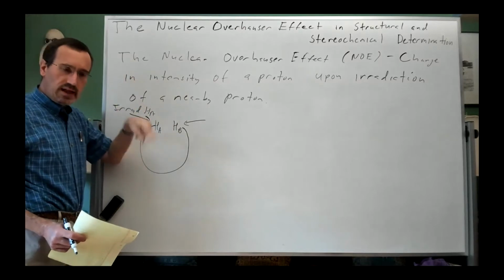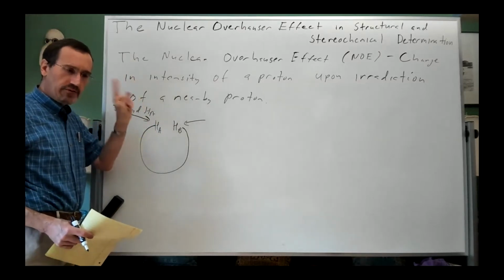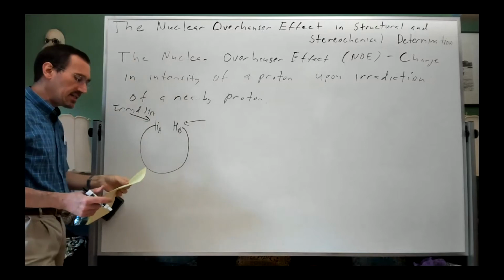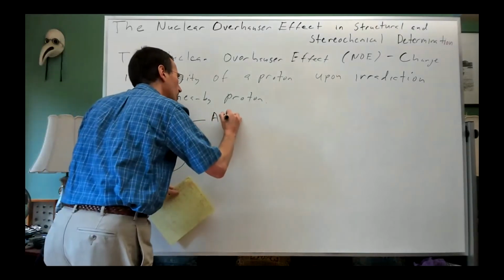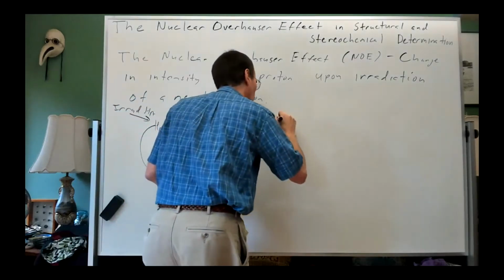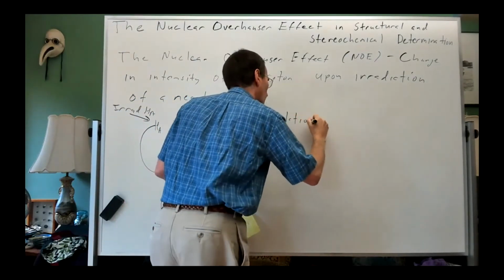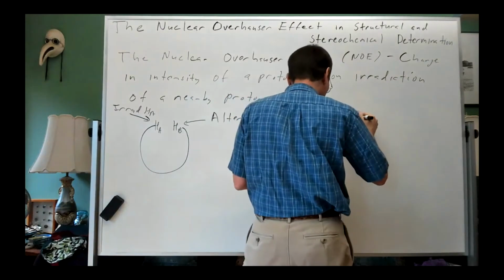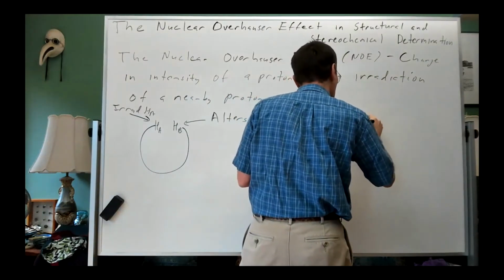So we're going to level the populations of the alpha and beta states, and that's going to alter the population of alpha and beta states of HB.